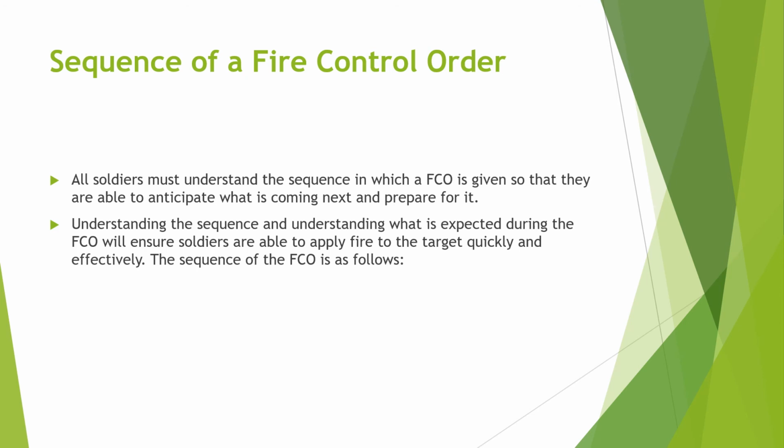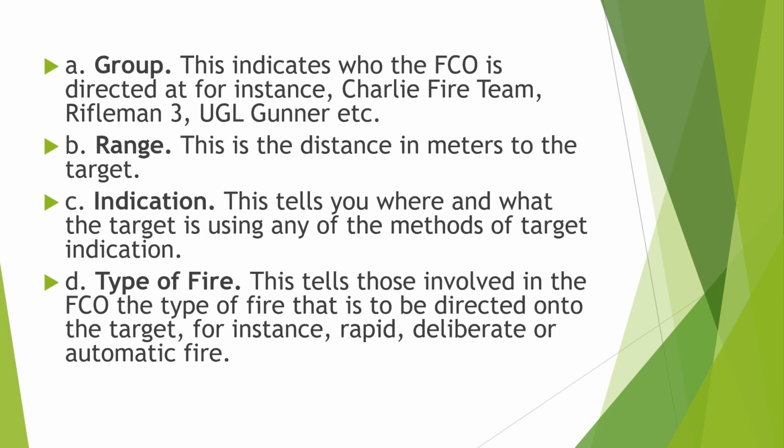The sequence of the fire control order is as follows. Group. This indicates who the fire control order is directed at. For instance, Charlie Fire Team, Rifle 3, UGL Gunner, etc. Range. This is the distance in meters to the target.